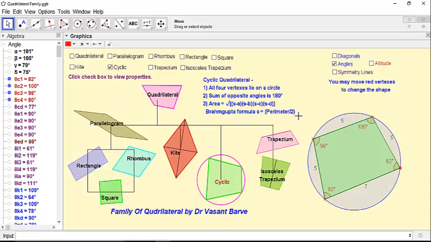Now to find the area of this particular thing, Brahmagupta has given a very ingenious formula. He defines S as the perimeter divided by 2, and then the area you get as the square root of (S minus A)(S minus B)(S minus C)(S minus D), where A, B, C, D are the sides of the quadrilateral.